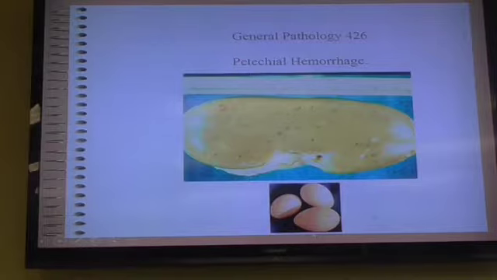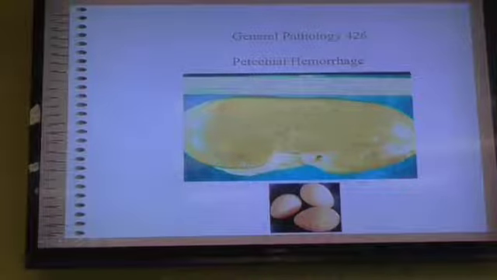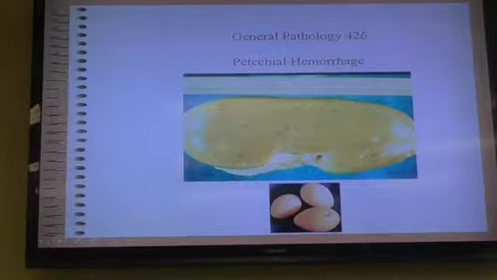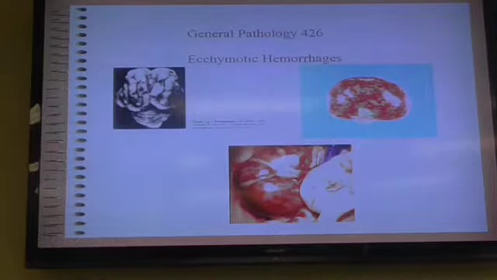Turkey eggs. I decided to put that in last year because every time I say turkey egg kidney, half the class is wondering what that is, but you've never actually seen a turkey egg. Turkey eggs do have little dots on the surface that resemble this. That's why they call it that. And these are ecchymoses, which are bigger.